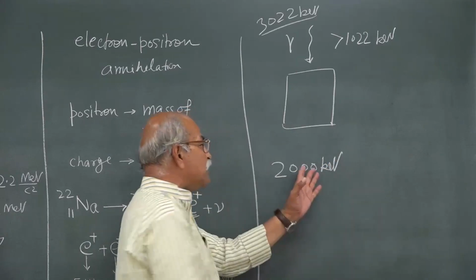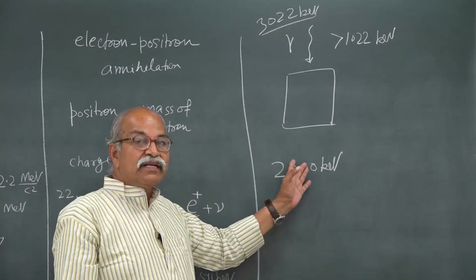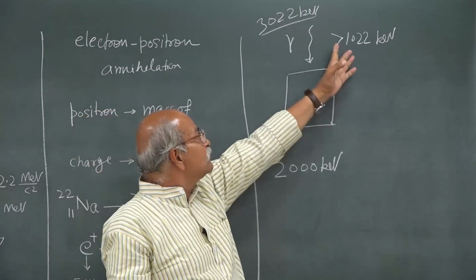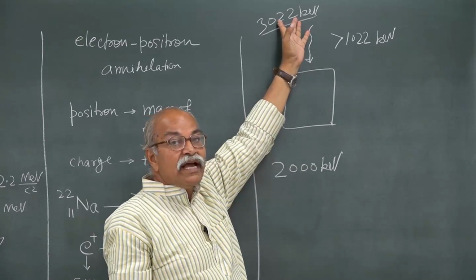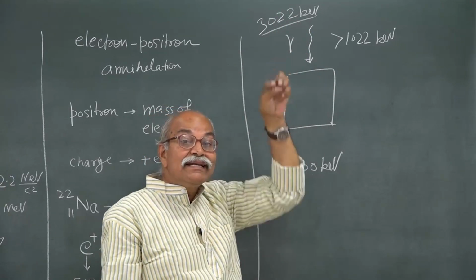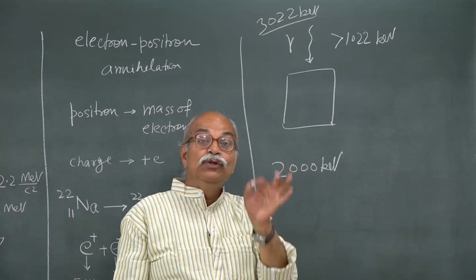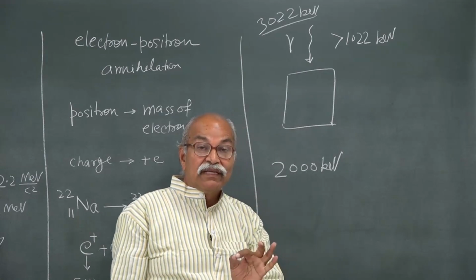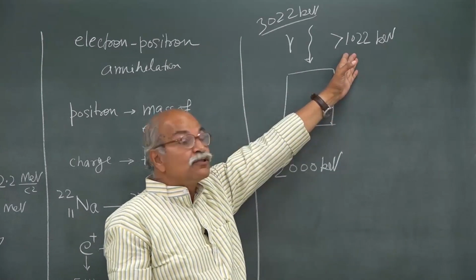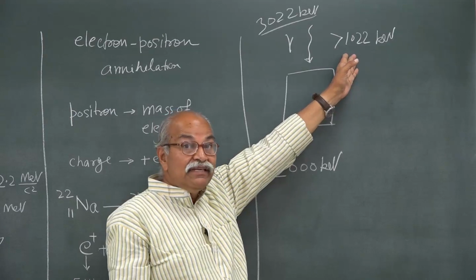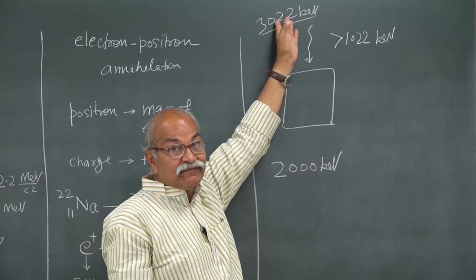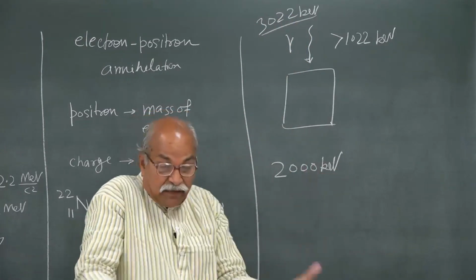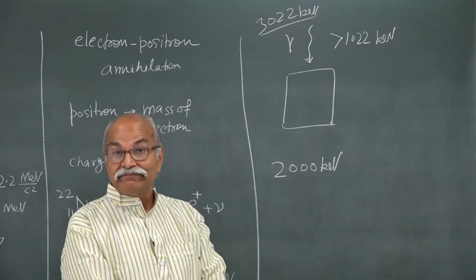If you are detecting these gamma rays, where are they coming from? They are coming from the fact that this much energy has been converted into an electron and positron. A new electron and a new positron have taken birth at the expense of 1022 keV, and the reduced energy, which is 2000 keV, appears in the detection system.